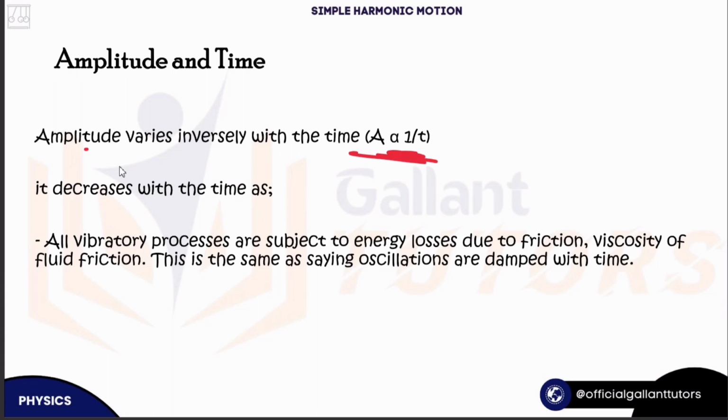Damped simply means that this particular oscillation reduces with time. And why does it reduce with time? It's not as if it's being chased by an evil spirit. It's just that some natural forces, most specifically viscosity and friction, reduce its amplitude with respect to time.